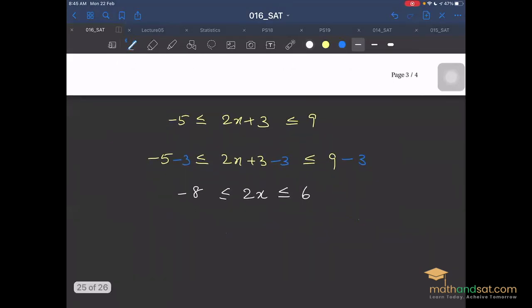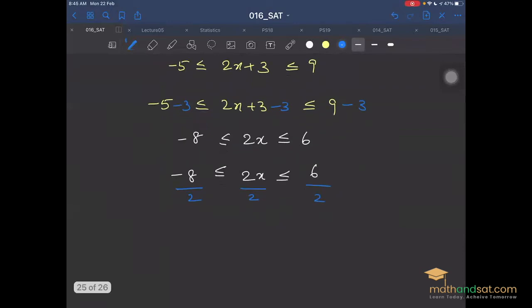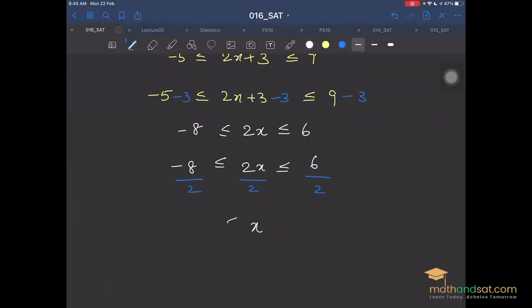In the next step, you divide the entire expression by 2. The inequality doesn't get affected because you are dividing by a positive number. So your x lies between -4 and 3.